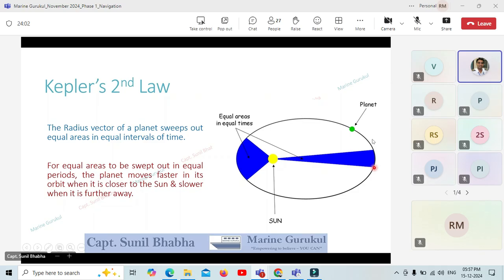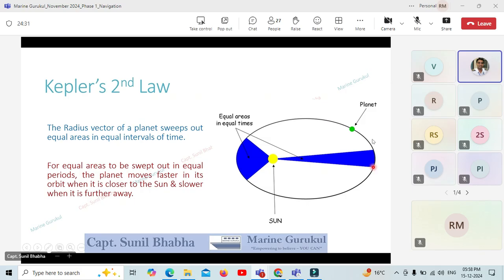So it gives us an indication that the planet moves faster when it is closer to the sun. You can see this is the sector where it is closer to the sun, and the planet has moved quite fast in its orbit. And when the planet is far away from the sun, it will move very slowly as compared to the previous instance.